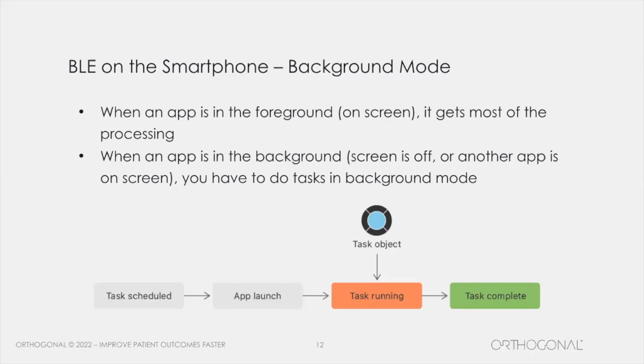Then in background mode, the app is launched on that scheduled event. You run your tasks, and then you complete your tasks, and you sort of go back into a dormant state. That is what happens. And if you, for example, are connecting to a CGM and need to get data every 2 minutes in background mode, that is what you're doing on some kind of a frequency, likely a lot more than every 2 minutes in order to get that information.